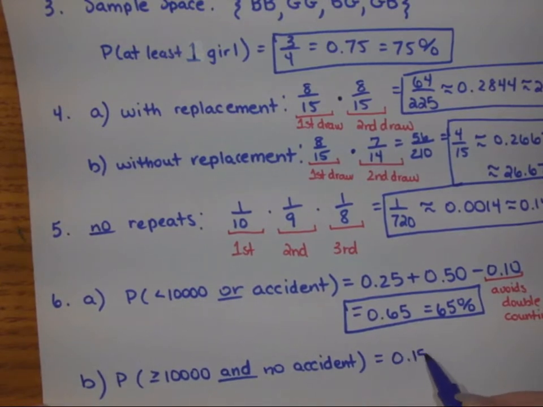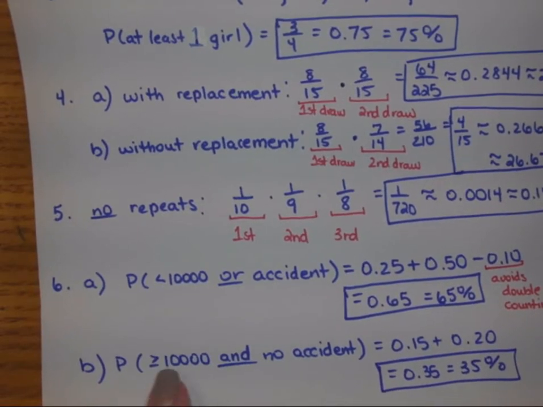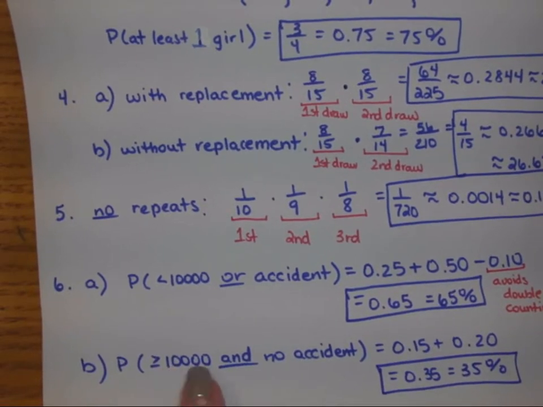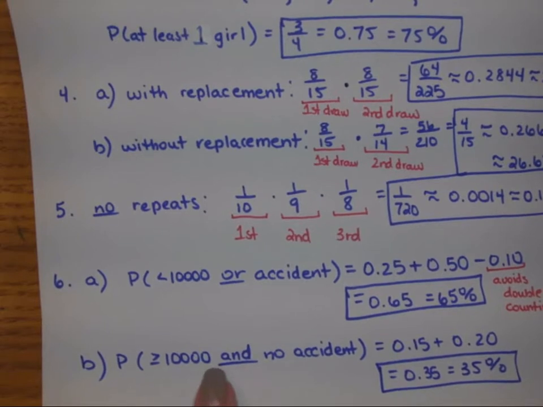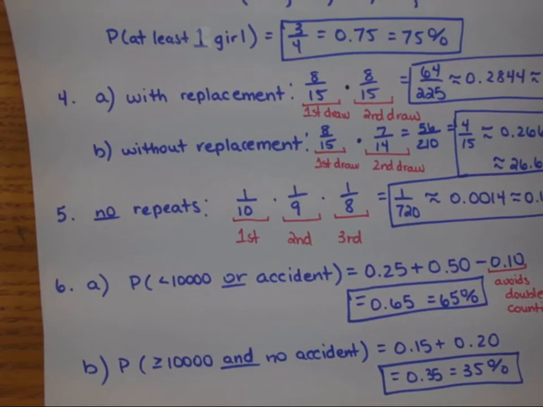So it'd be 0.15 plus 0.20, or 0.35, which is of course 35%. Note, I only counted the people that were in the 10,000 to 15,000 category and no accident, plus the people that were more than 15,000 and no accident.